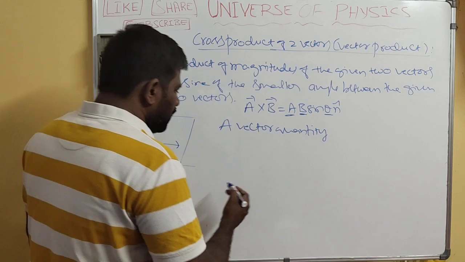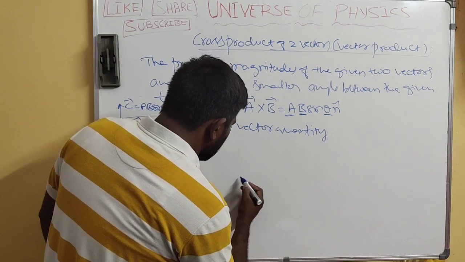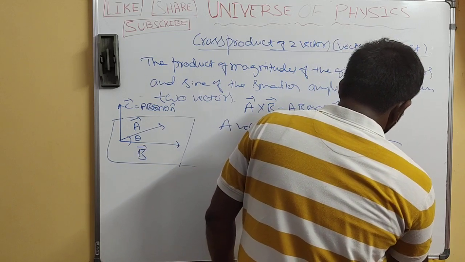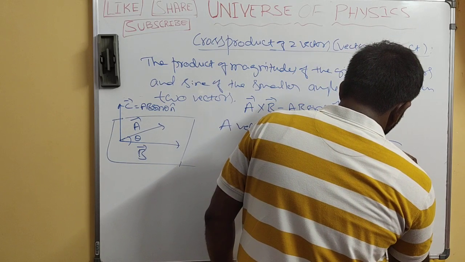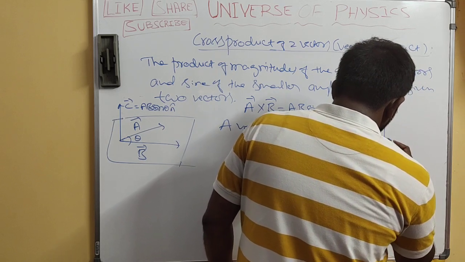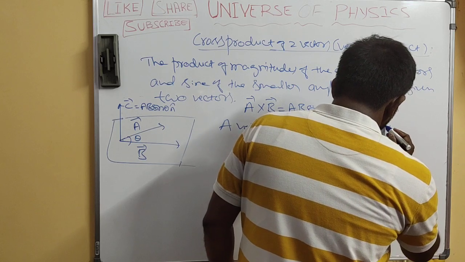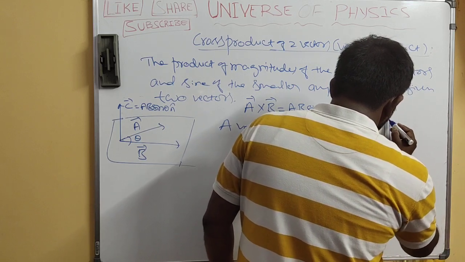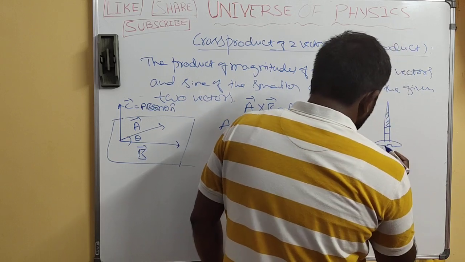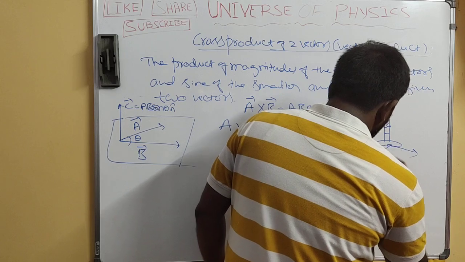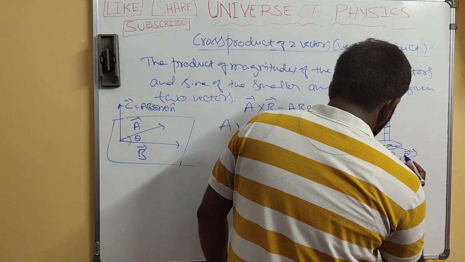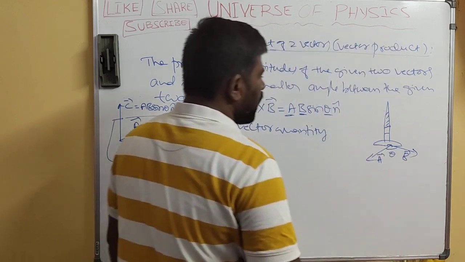So let us consider a screw, and two vectors are fixed here. This is vector A, this is vector B, and this is the angle theta between the given two vectors.